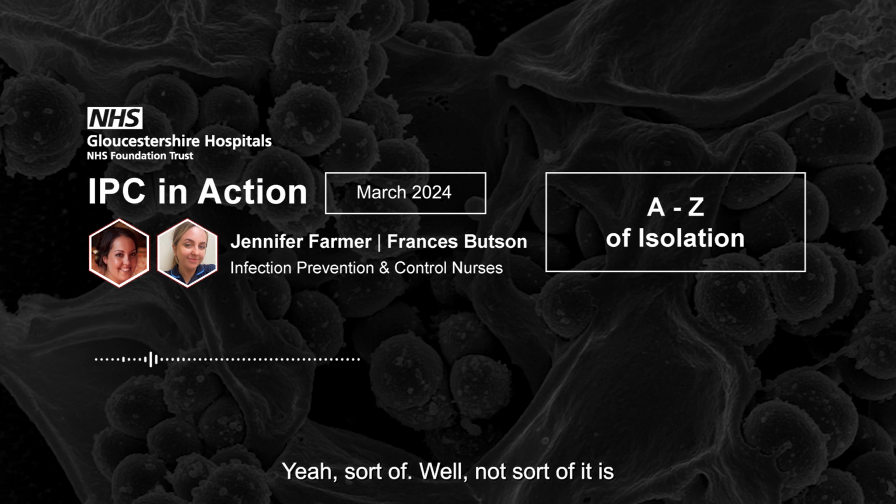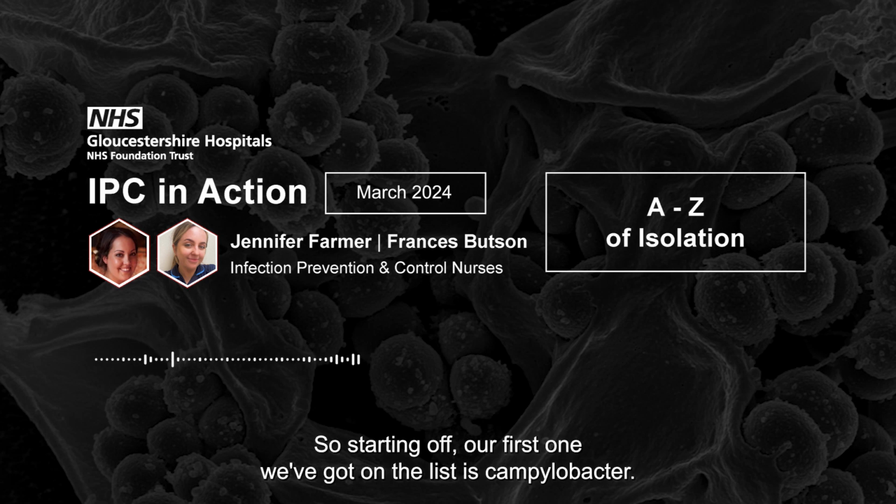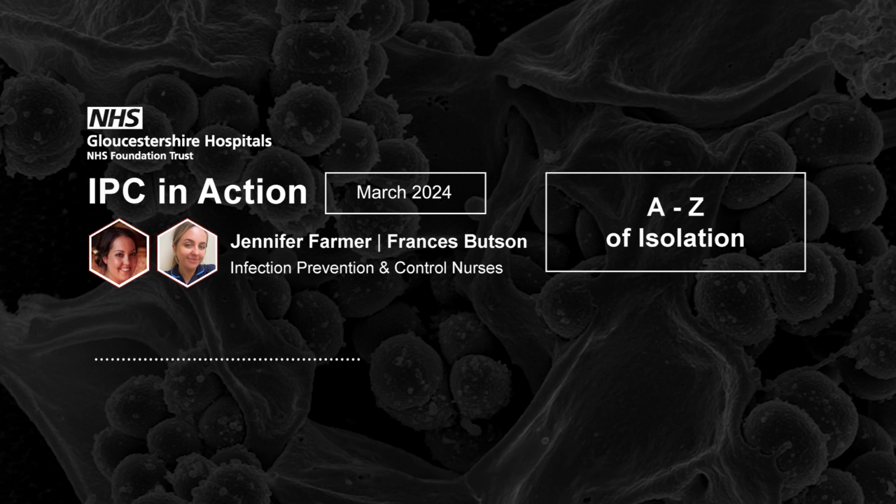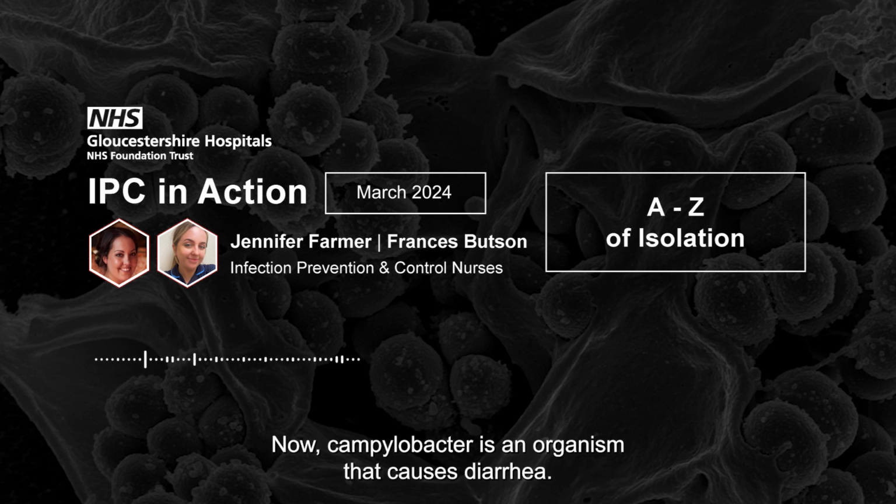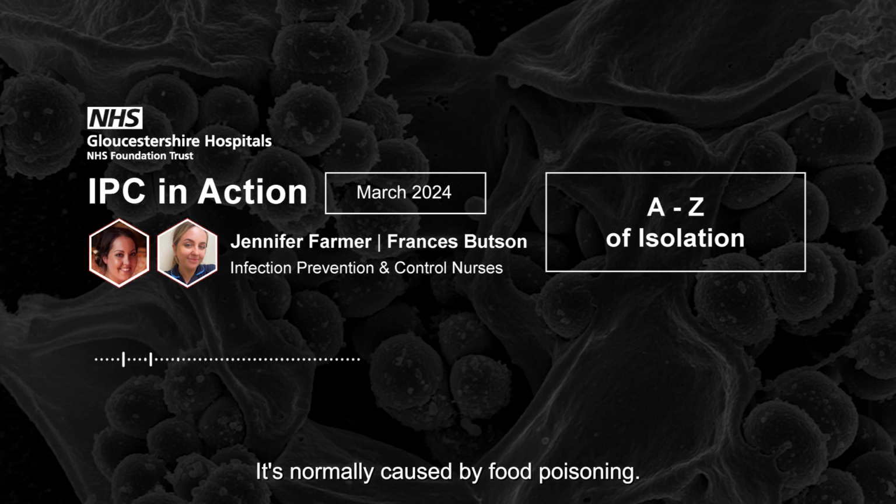It is an A to Z to try to keep it relatively simple and easy to understand. So starting off, our first one on the list is Campylobacter. Campylobacter is an organism that causes diarrhea. It's normally caused by food poisoning, so poorly cooked or poorly handled raw meats, predominantly chicken.